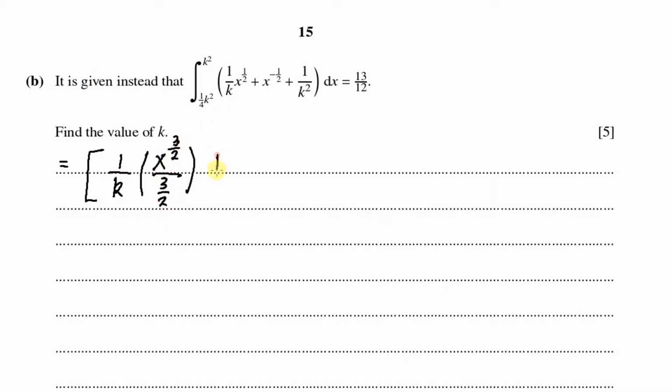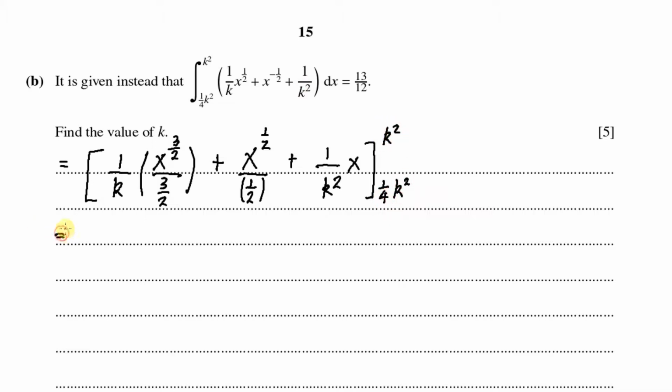And that's going to be plus, here, integrating, we get x to the power of minus a half plus 1, which is a half. And it's over a half. And that's going to be plus. Integrating 1 over k squared, we get 1 over k squared of x. So this is what we have. And the limits are a quarter k squared and k squared here.